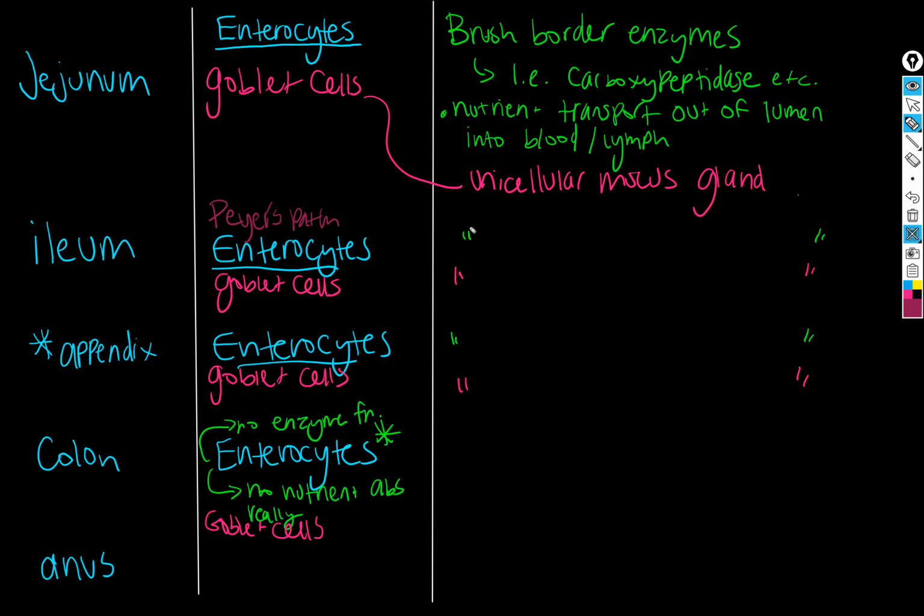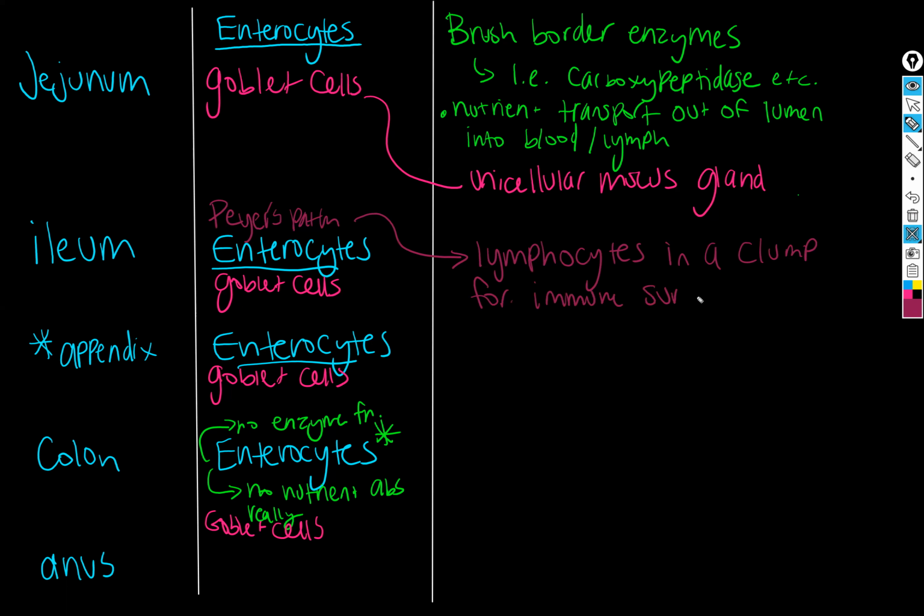So since we know that the function for the enterocytes and goblet cells is the same, I'm just going to erase this. So a Peyer's patch is lymphocytes in a group or clump. I like the word clump. For immune surveillance.